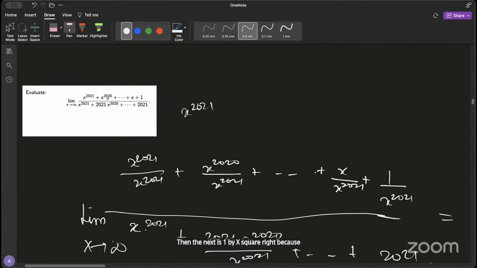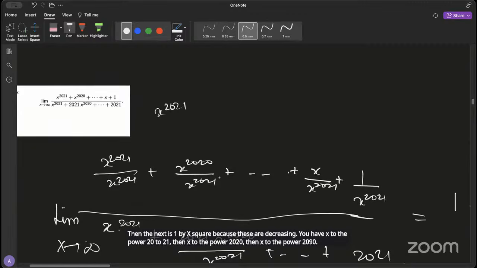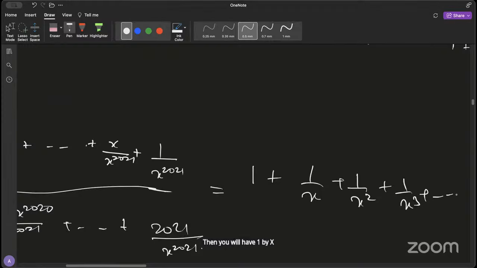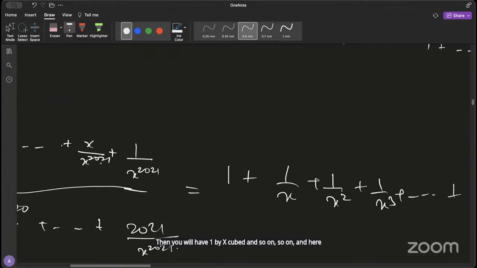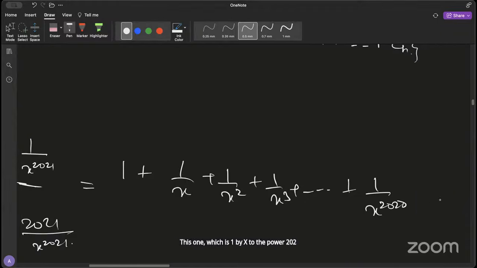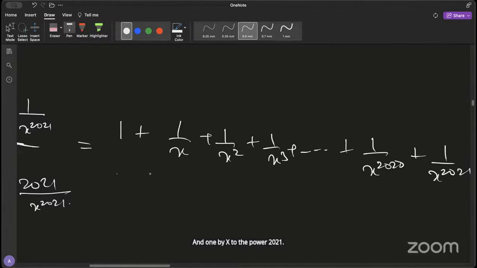Because these are decreasing: you have x to the power 2021, then x to the power 2020, then x to the power 2019. Then you will have 1 by x cube and so on. And here you will have 1 by x to the power 2020 and 1 by x to the power 2021. This is your numerator.